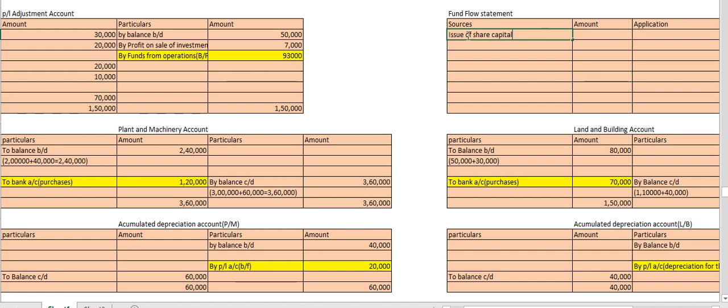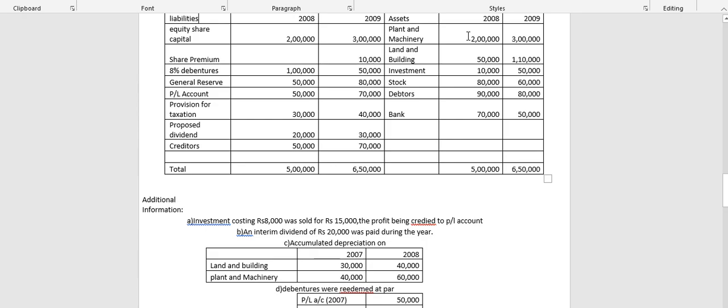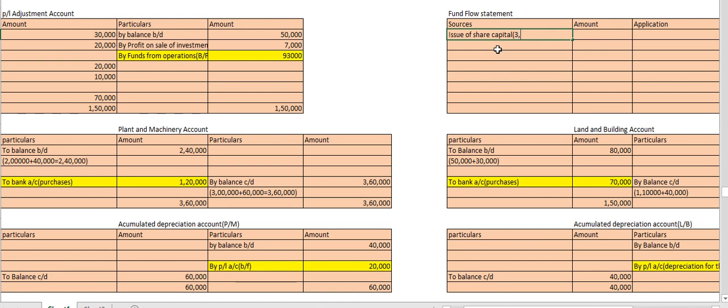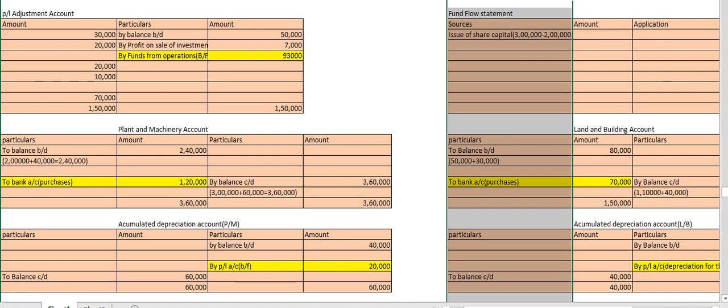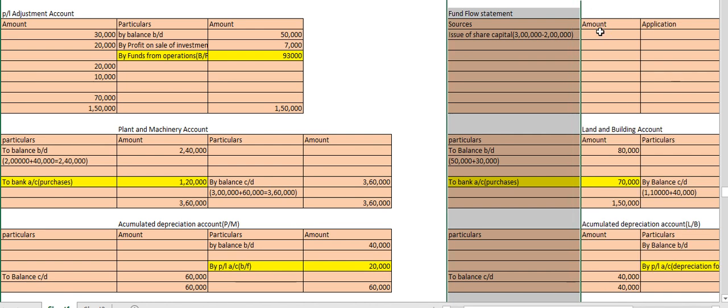the amount is 3 lakhs minus 2 lakhs, which gives 1 lakh as your issue of share capital.